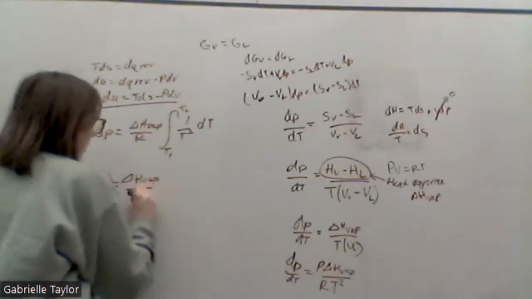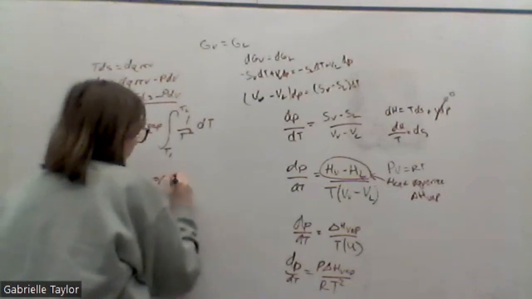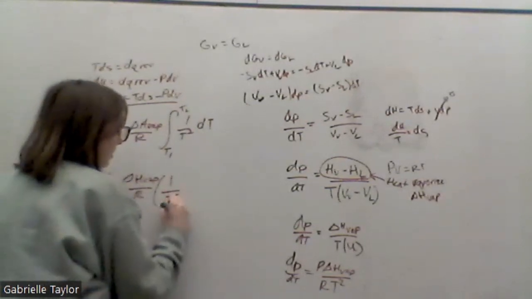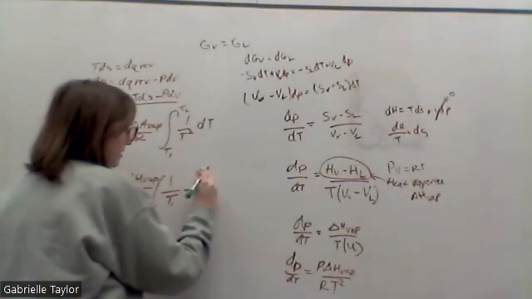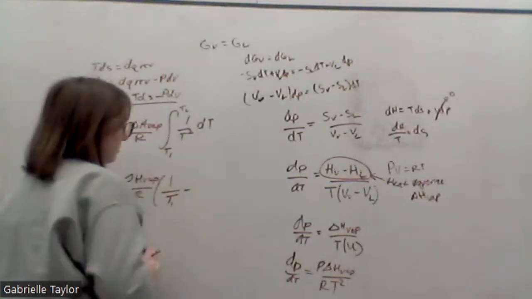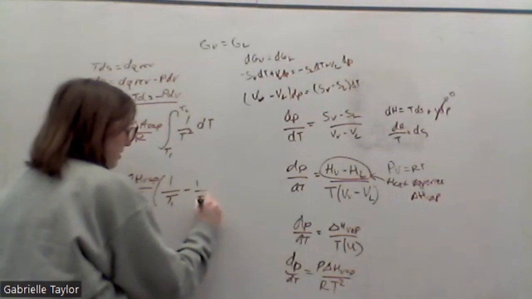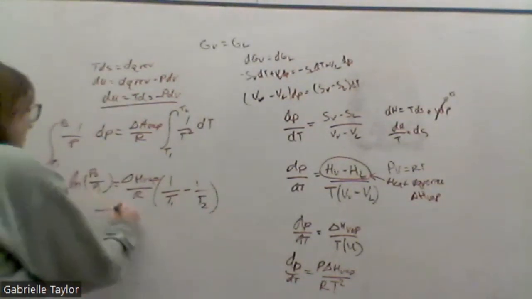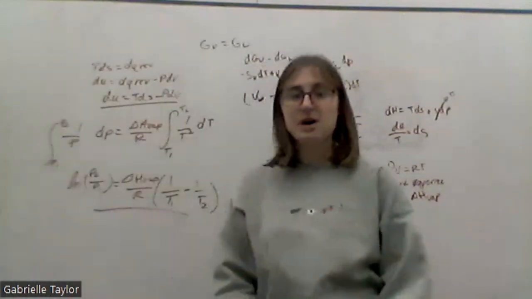Delta H vap over R equals, and since I made it positive, this means that 1 over T1 goes first, and then 1 over T2 comes last. And this is our Clausius-Clapeyron equation right here. So, thank you.